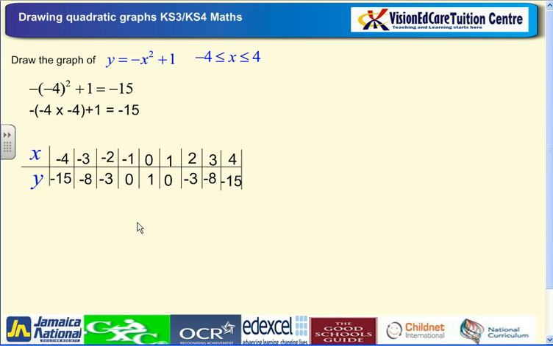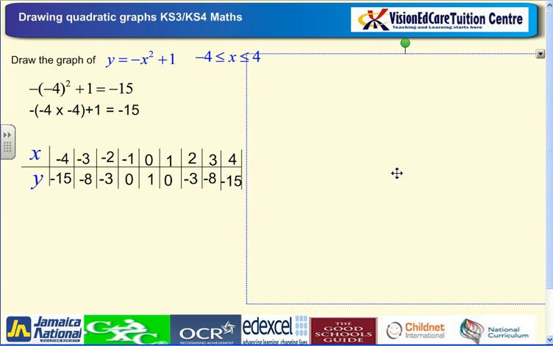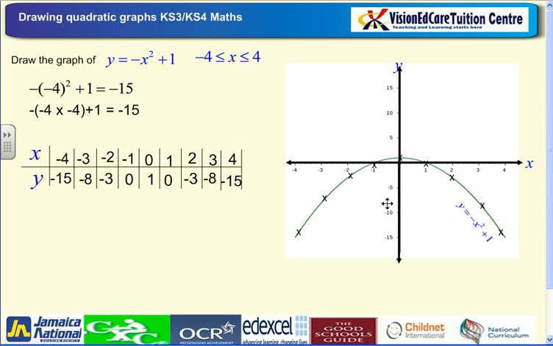So pause the tape now and draw the graph. Now that you have drawn your graph, I'm going to share mine with you now, and we discuss its features. So here we have the graph.